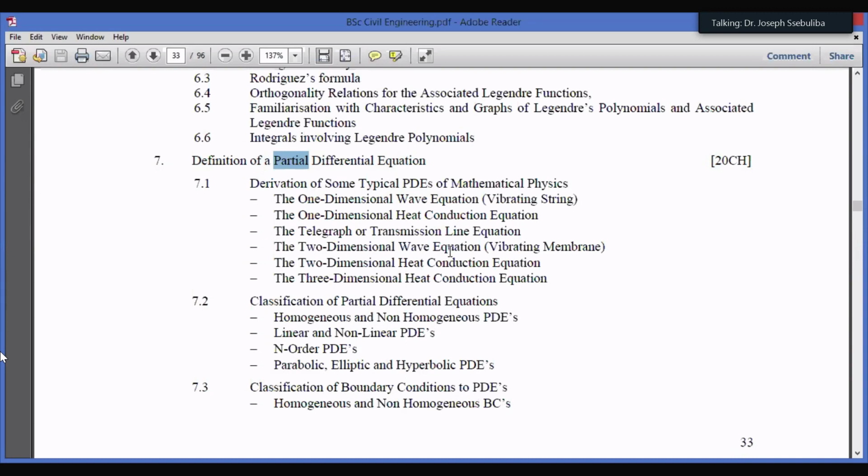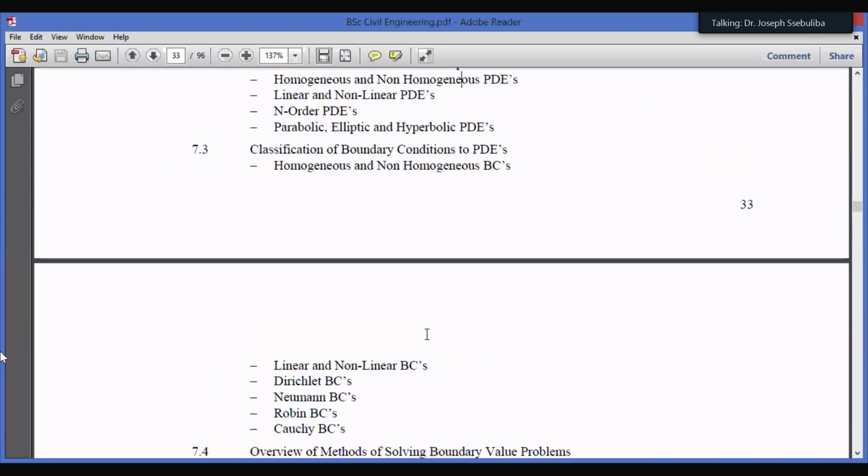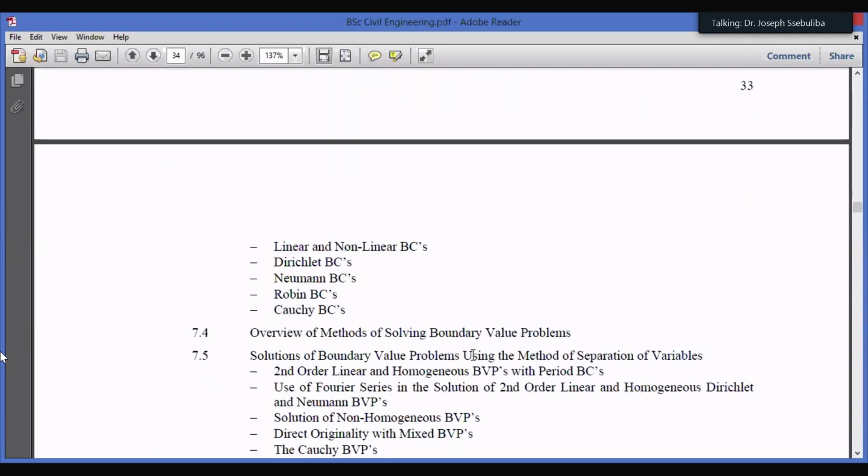The applications may be very different, but there we are looking at full derivatives with respect to differential equations, but here we are looking at differential equations partially, and then we look at the different applications. And there are very many here.